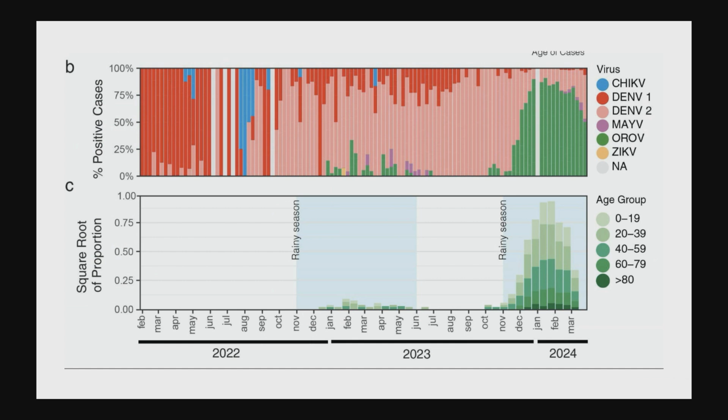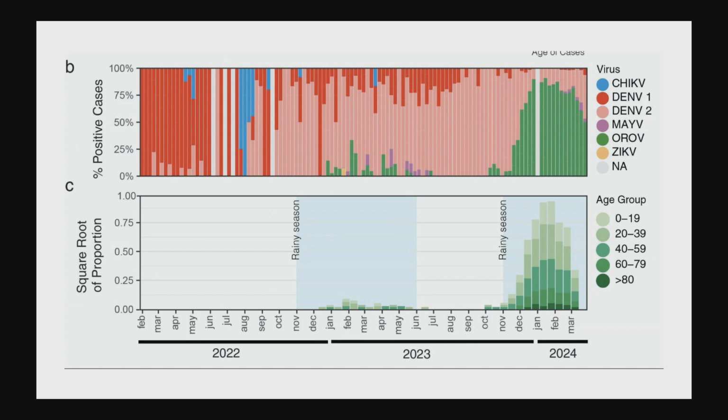As you may see here, most of the cases occurred in the rainy season. Of course, this is a virus transmitted by a vector, and so it has a very important relationship with the weather. This vector grows when we have a rainy season, with organic matter for its reproduction.